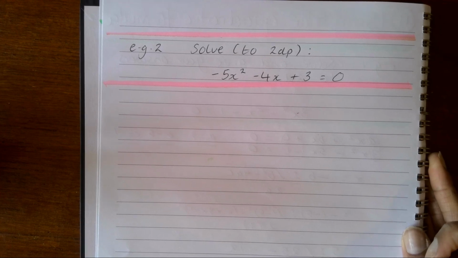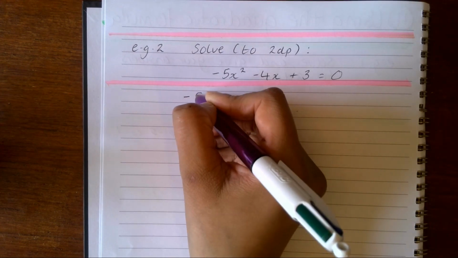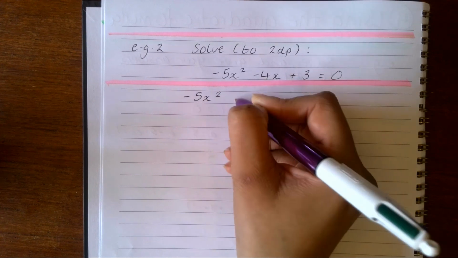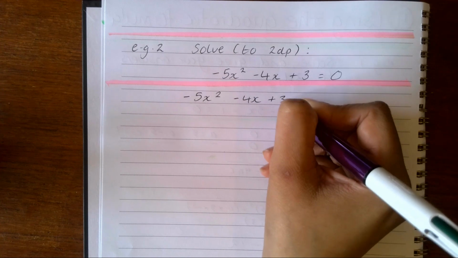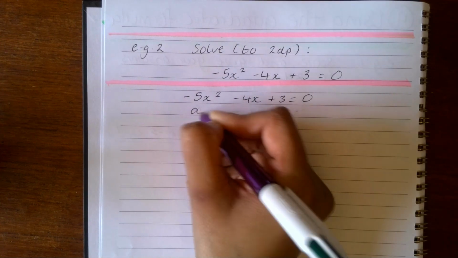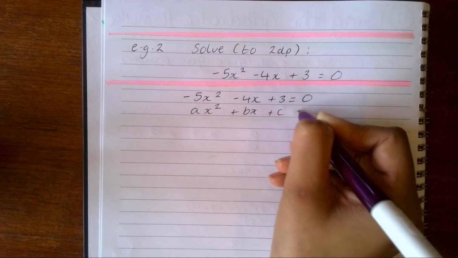Again, really important to identify a, b, and c. So I'm going to write ax squared plus bx plus c underneath so that we can identify a, b, and c.